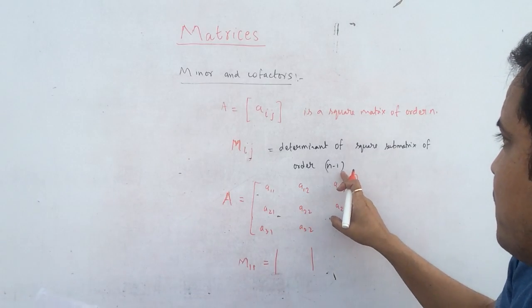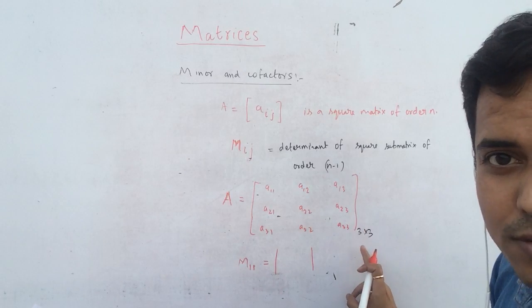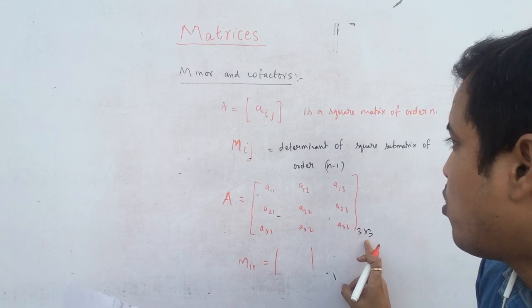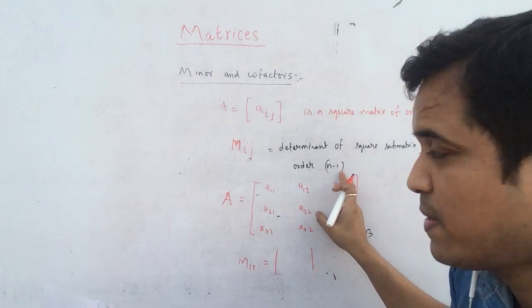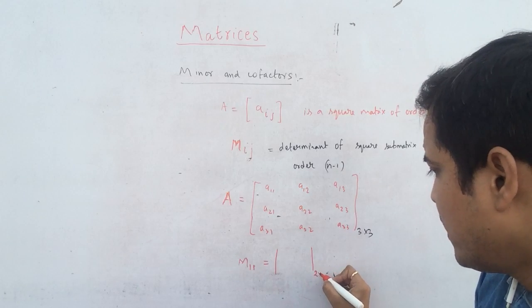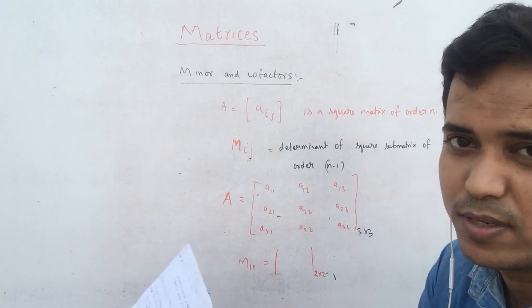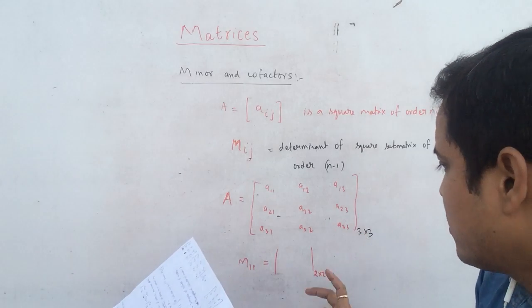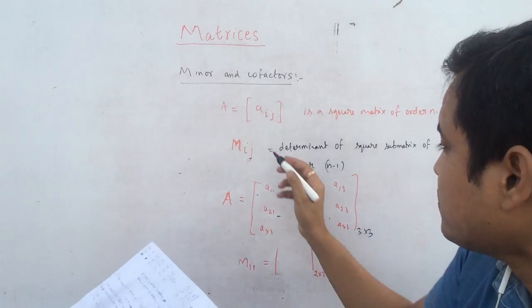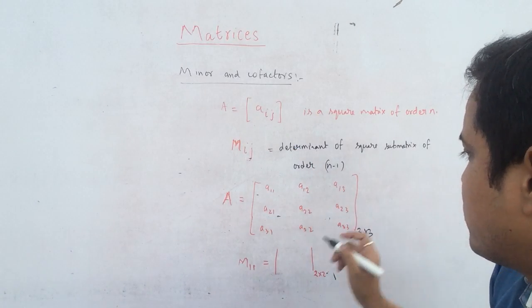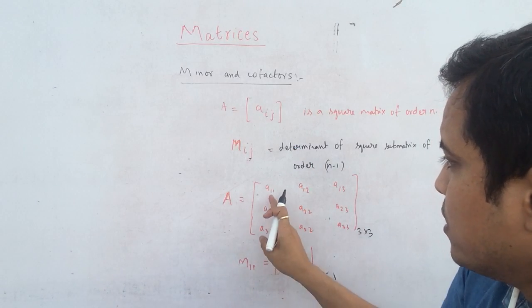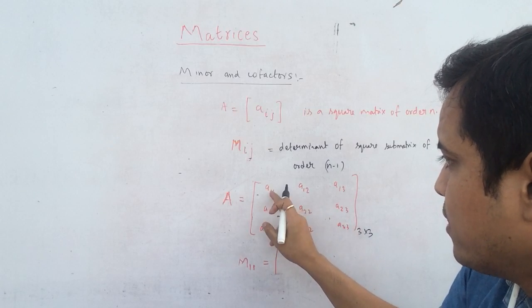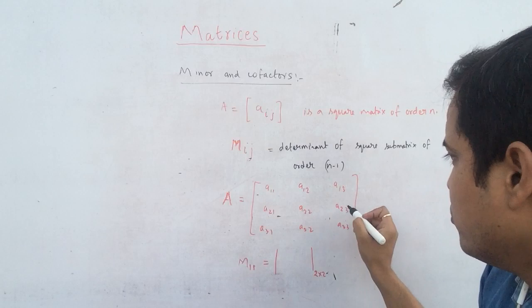If the matrix has order 3, the minor should have order 3 minus 1, which is 2. So you would always get a 2 cross 2 matrix. Your minor would be the determinant of a square submatrix. You have to leave the first row and first column.